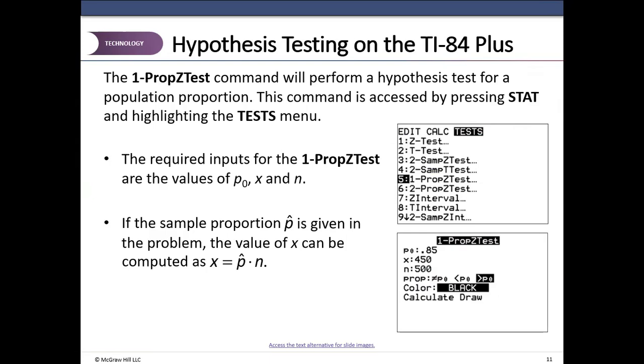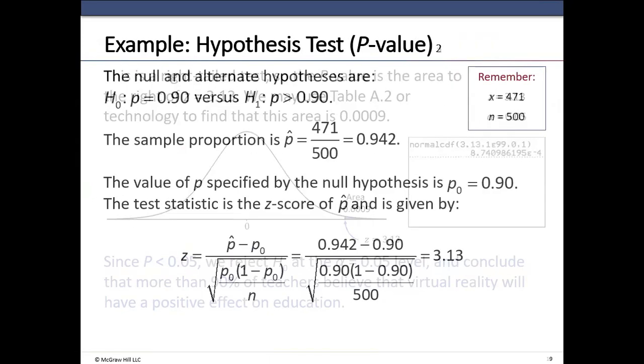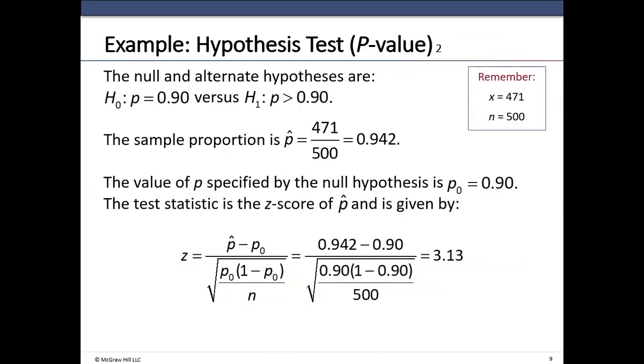X value is, we can go back over here, X value is the number of success, which is 471. What is my N value? Sample size is 500. And my alternate is greater than P0, greater than value in the null hypothesis. So I bring the cursor on greater than P0 and go down to calculate and hit enter.